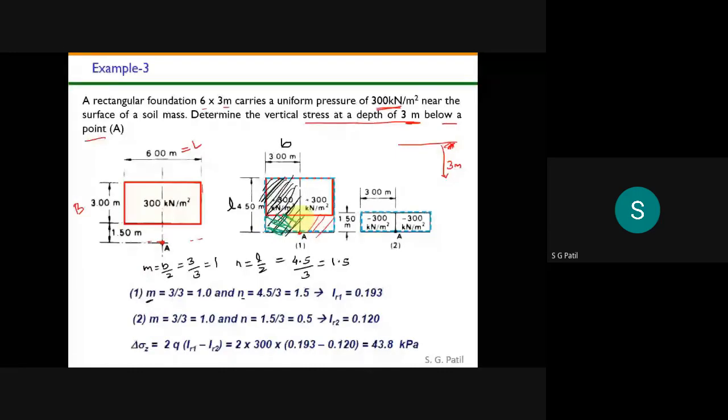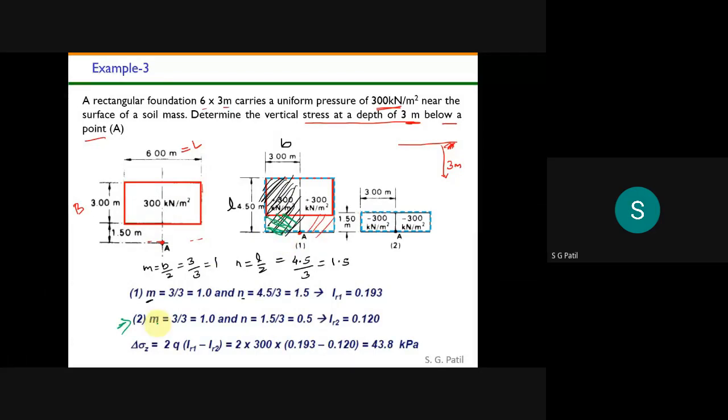Okay, what is my M here? What is the L and B here? B is 3 meter. So this is 3 meter and this is 1.5 meter. So M is equal to B by Z. B is anyway 3 meter, so 3 by 3 is 1, and N is equal to L by Z. What is L here for this smaller rectangle?